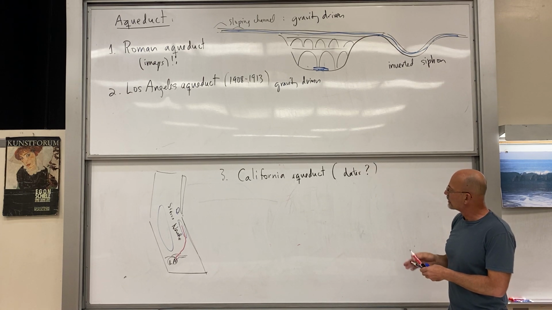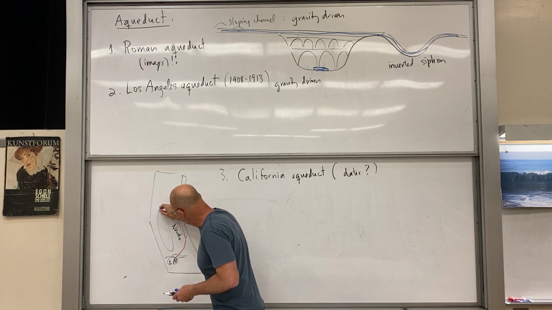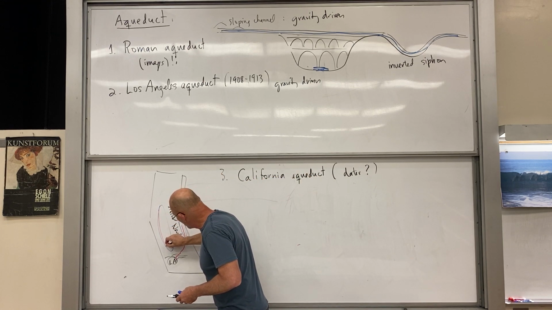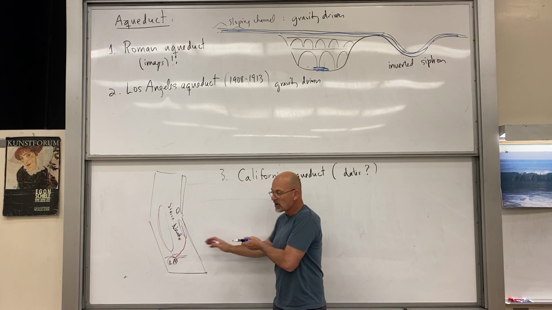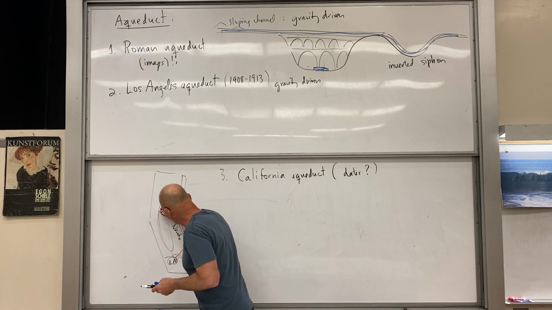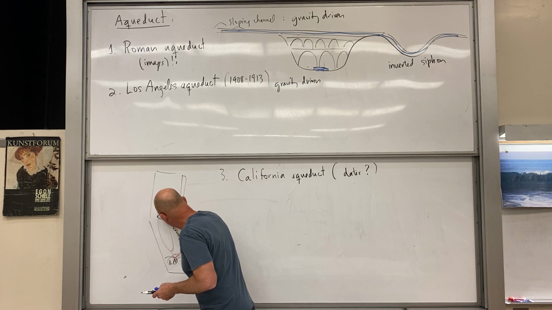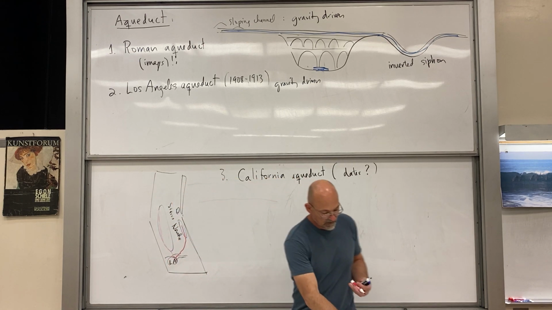And the California Aqueduct comes in from the Sacramento Delta and goes over these mountains into LA as well. There's another one that comes in from the Colorado River we won't get into.